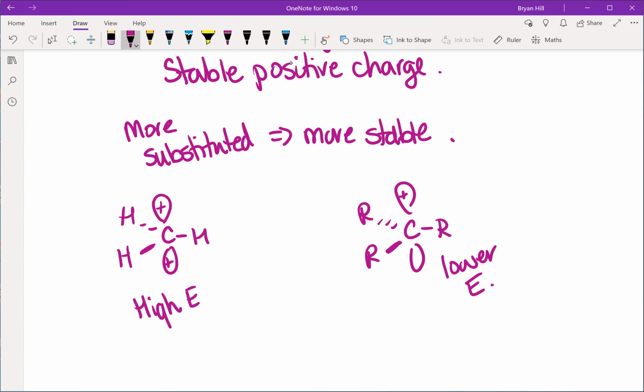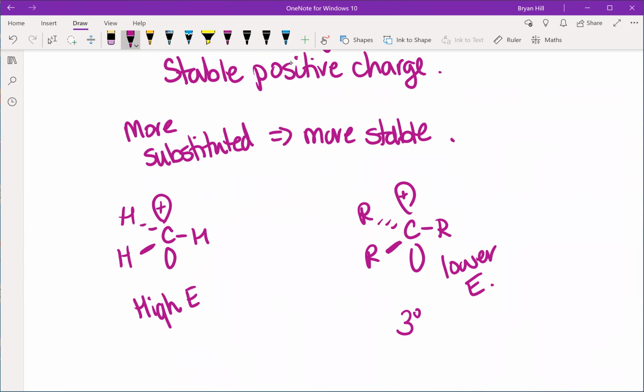This would be a tertiary carbocation, whereas this would be a methyl carbocation. Oops, I've got 2 positive charges here, let's just erase this. So fragmentation patterns that would generate a tertiary carbocation are way more probable than one which would generate a methyl carbocation. So basically, the more substituted the carbocation is, the more stable it would be.